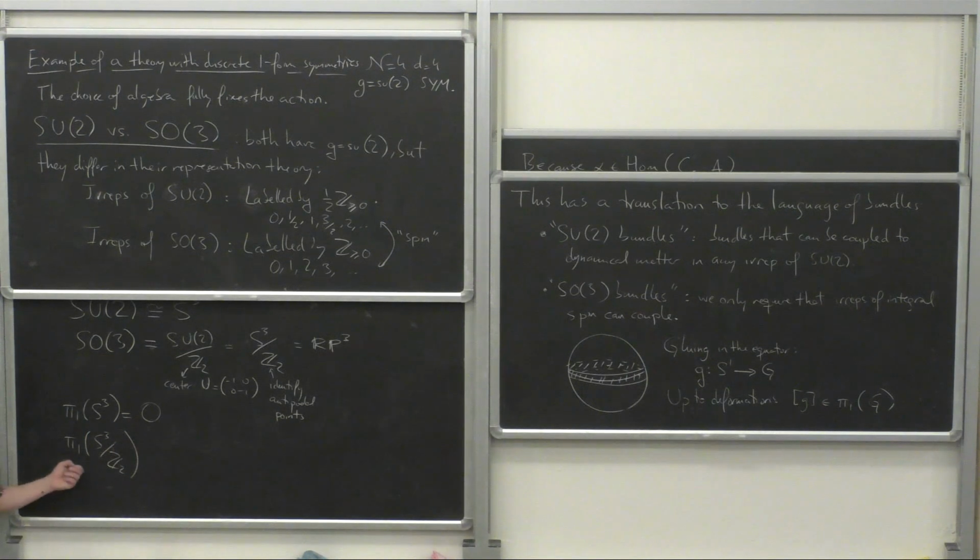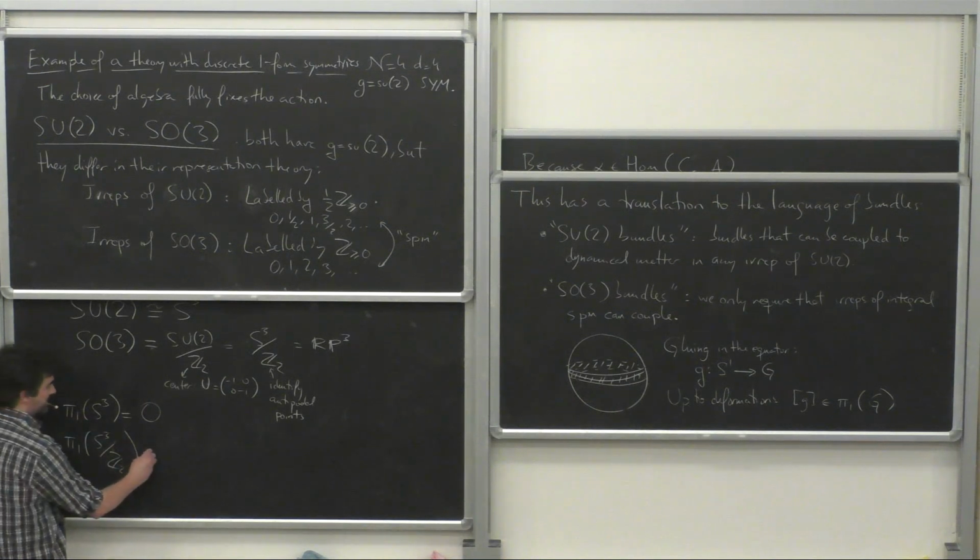I can't remember, I know I did this somewhere this week, but was it a lecture or was it a Q&A session? It was a Q&A. Okay, let me repeat the argument then for those that were not in the Q&A. I'm going to argue that this group here is non-zero, and in fact is Z_2.